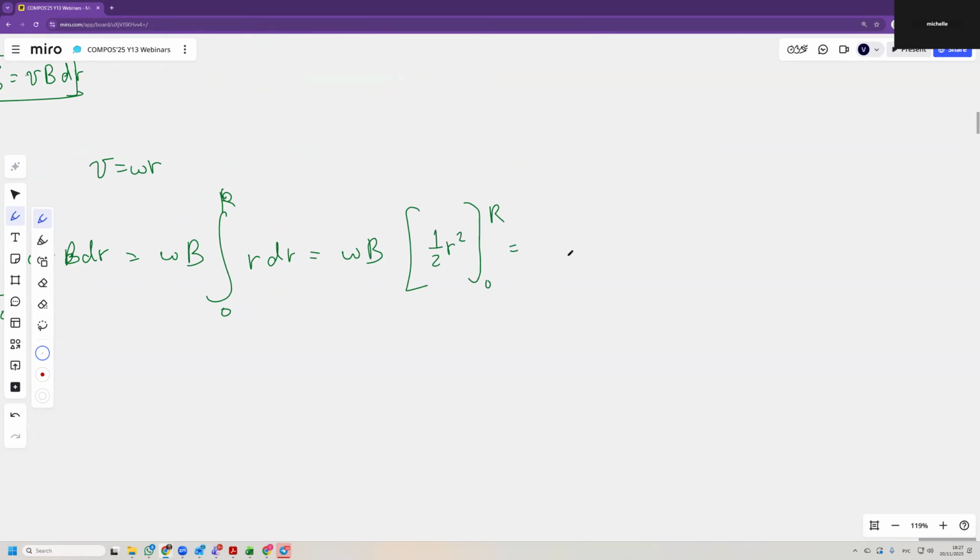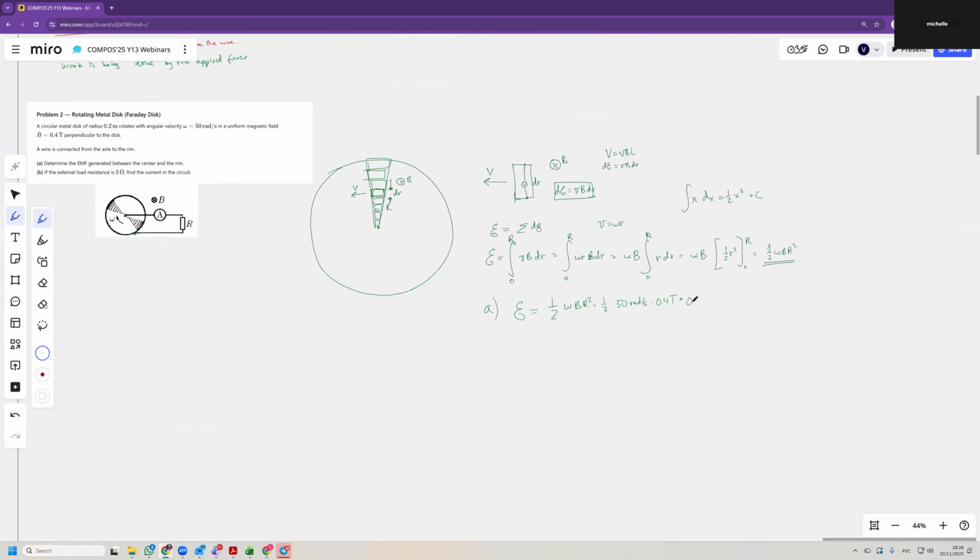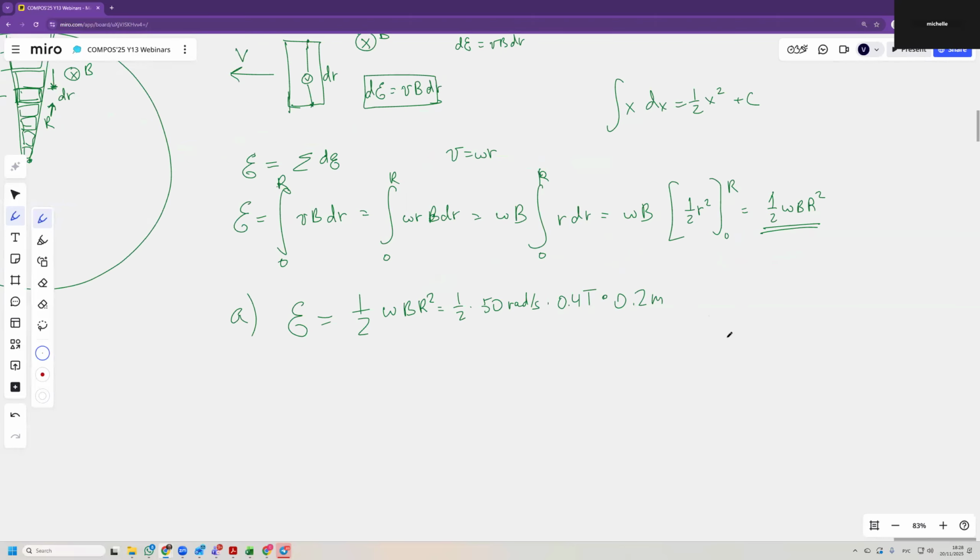That is 1/2 times 50 radians per second, multiplied by B, which is 0.4 Tesla, multiplied by the radius squared, which is 0.2 meters. 50 times 0.4 is 20, and 20 times 0.1 is 2 volts. Okay, 2 volts.